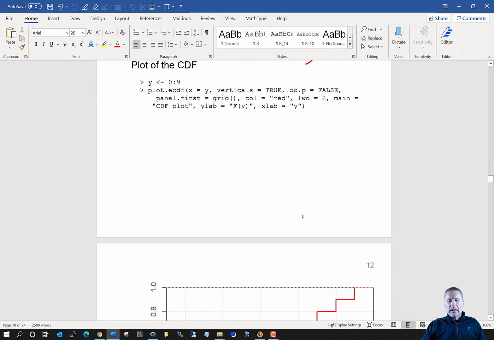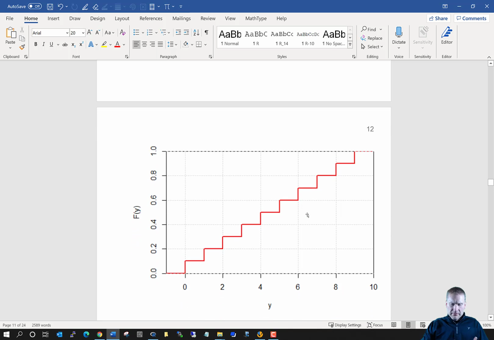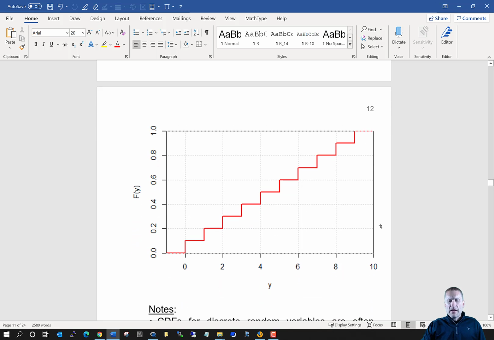Well, let's take a look at a plot of what this CDF function looks like. Here's what we have. Notice, as I'm less than 0 for my y, I'm at a capital F of whatever that number is, that's equal to 0. But once I hit a y equal to 0, that's when I have this jump. How much do I jump?